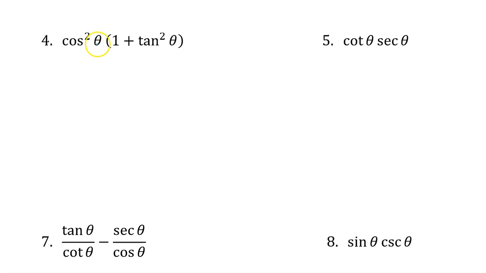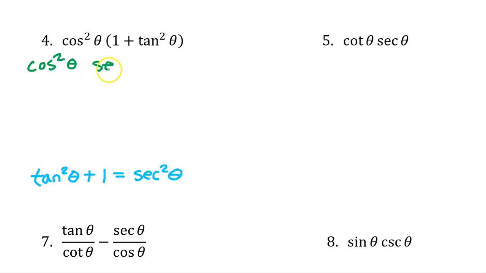Number 4, cosine squared theta times 1 plus tangent squared theta. One version of the Pythagorean identity says tangent squared theta plus 1 is equal to secant squared theta. So let's make this substitution. We will be left with cosine squared theta times secant squared theta.